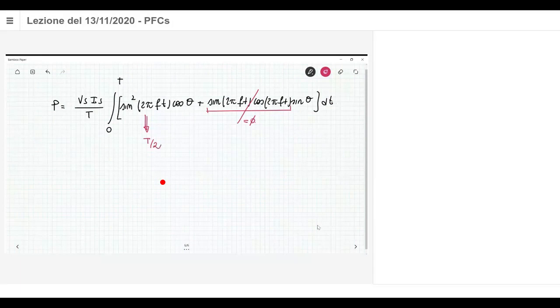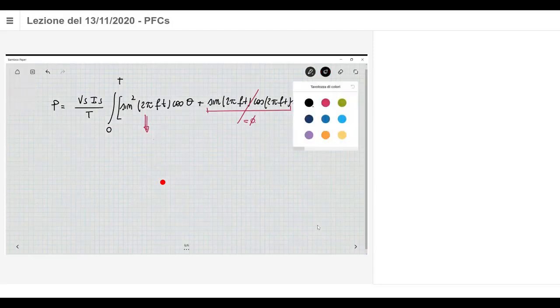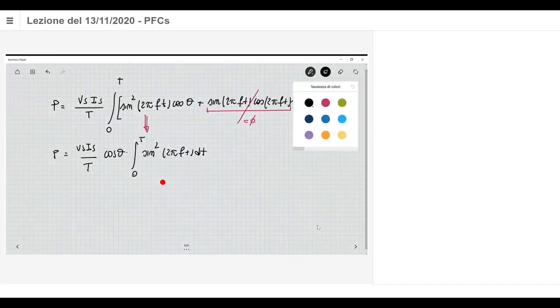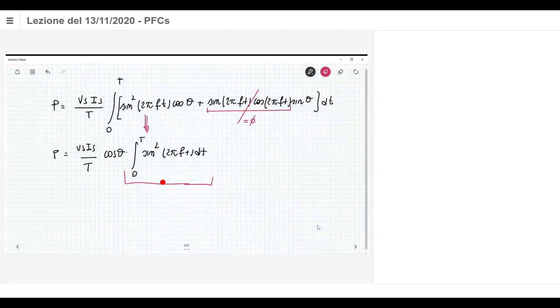This is cosine theta, so this integral now is T divided by 2. And so the average power is given by Vs Is over 2 cosine theta.